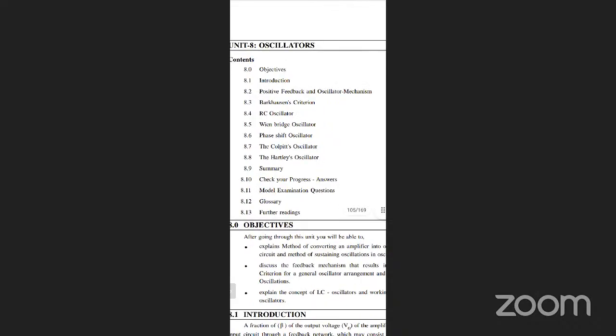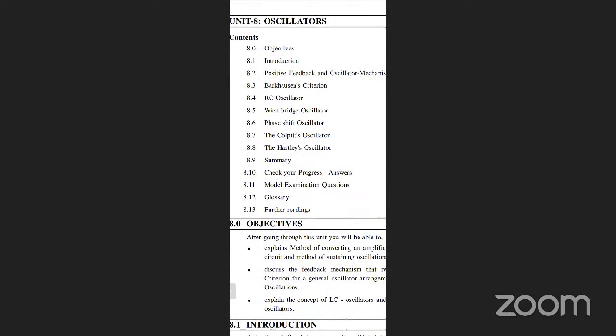Next, the Wien bridge oscillator. There are two types of oscillators: audible frequency oscillators and radio frequency oscillators. Audible frequency oscillators are the RC coupled amplifier, RC oscillator, Wien bridge oscillator, as well as the phase shift oscillator.